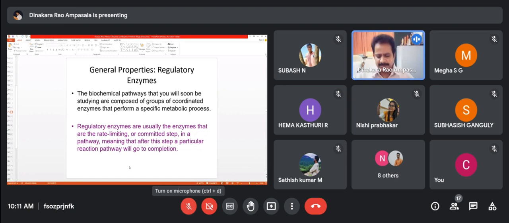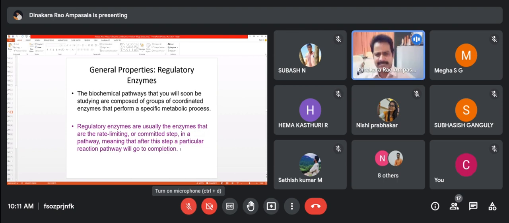So during these metabolic pathways, some enzymes have specific characters. Those enzymes we can call regulatory enzymes. The biochemical pathways that you will see soon are composed of a group of coordinated enzymes that perform specific metabolic processes. Regulatory enzymes are usually the enzymes that are rate limiting or a committed step in a pathway, meaning that after this step, a particular reaction pathway will go to completion.